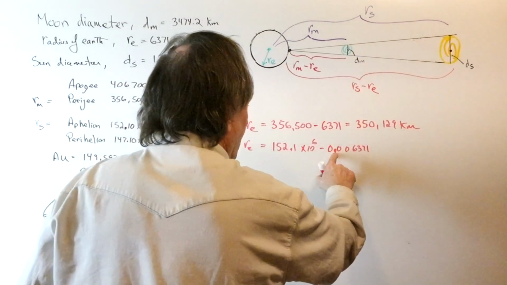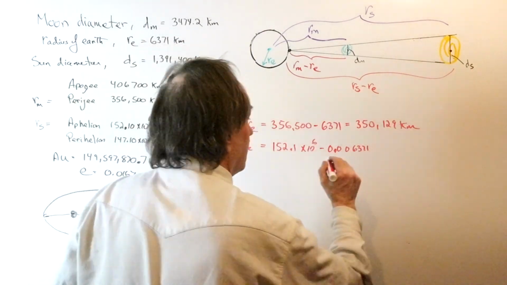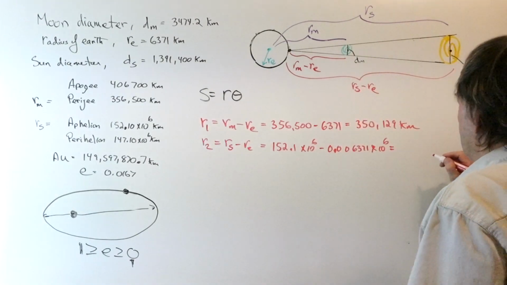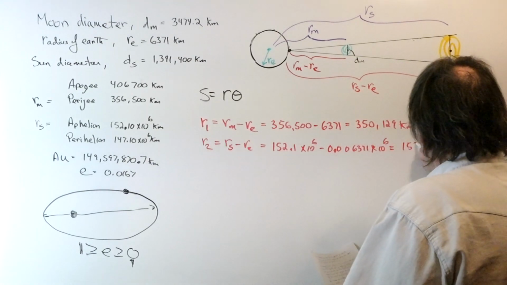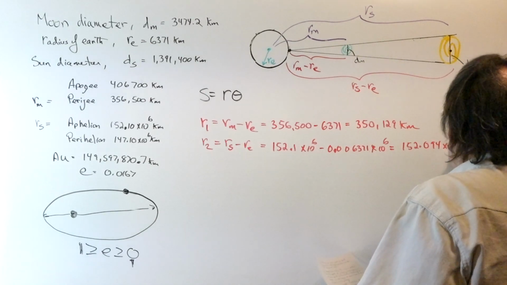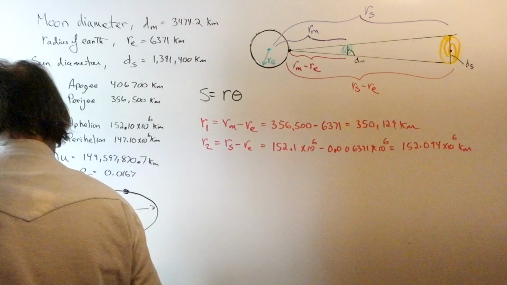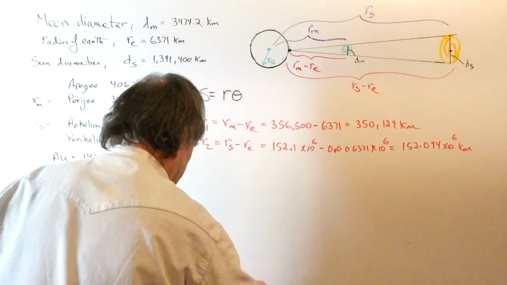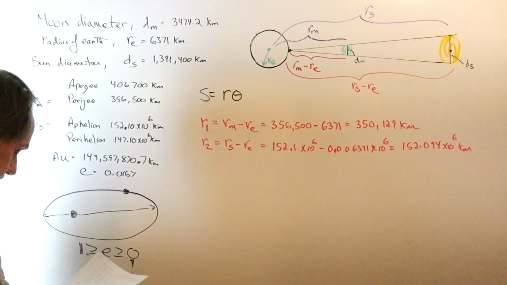So we subtract 0.006371 from 152.1, and this is also times 10 to the 6. So that comes out to 152.094 times 10 to the 6 kilometers. Subtracting off the radius of the Earth doesn't affect that number much, but it does affect the moon distance.